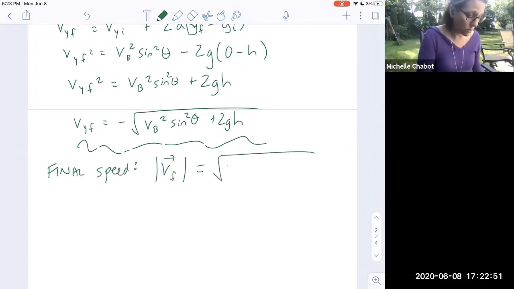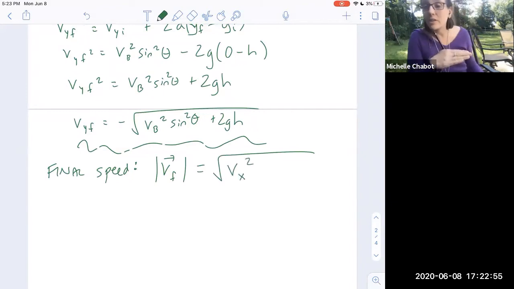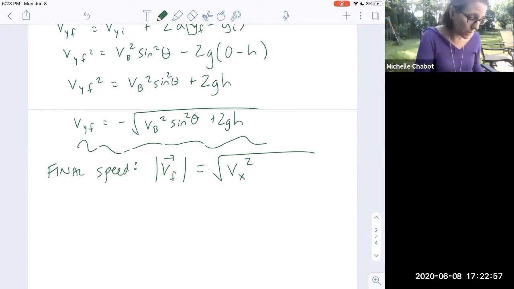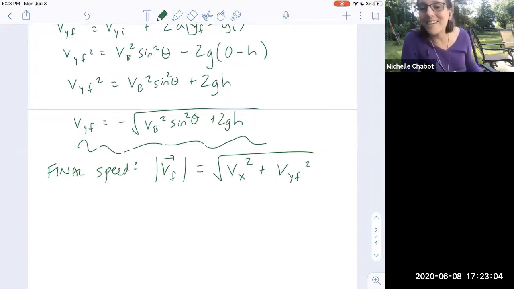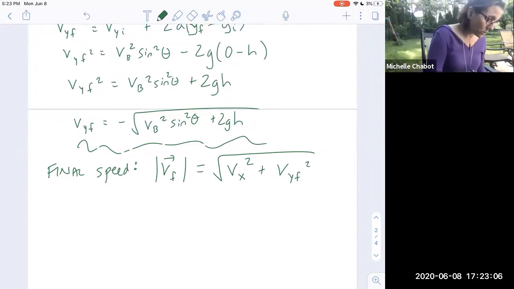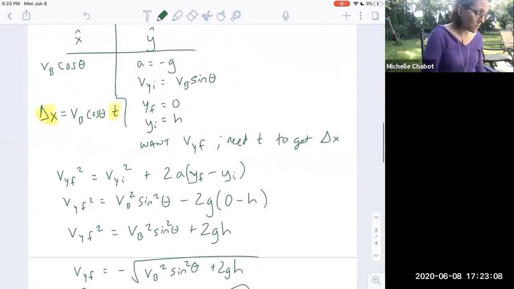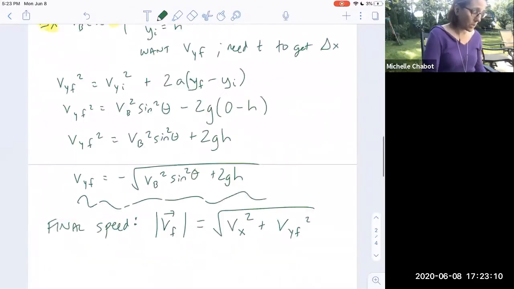It has to be the square root of vx squared. Vx final is vx initial is vx, so vx squared, plus vy final squared. So this is going to, again, look messy, and that's okay. So the final speed then is going to be, remember, Vx was Vb cosine theta.